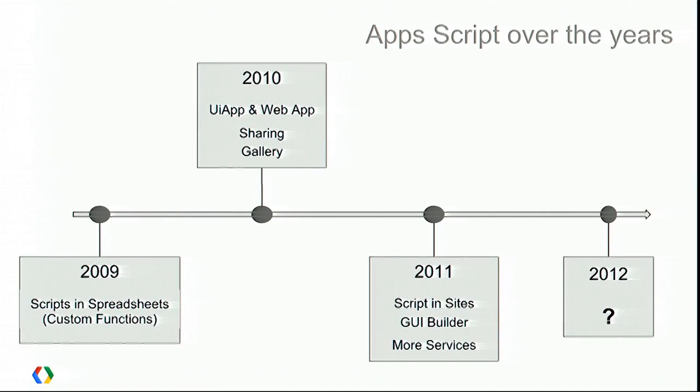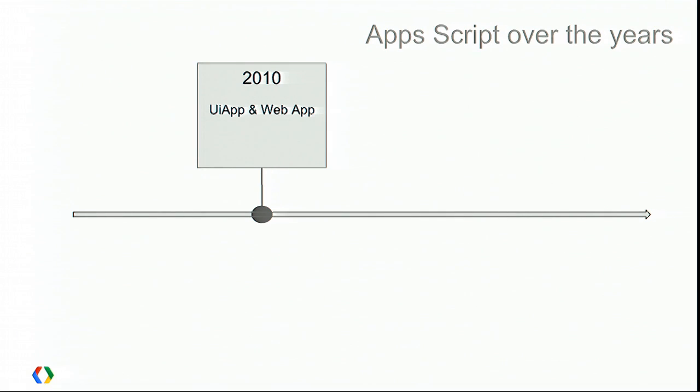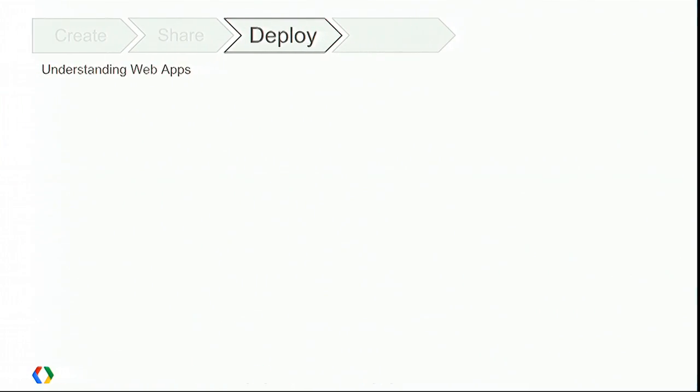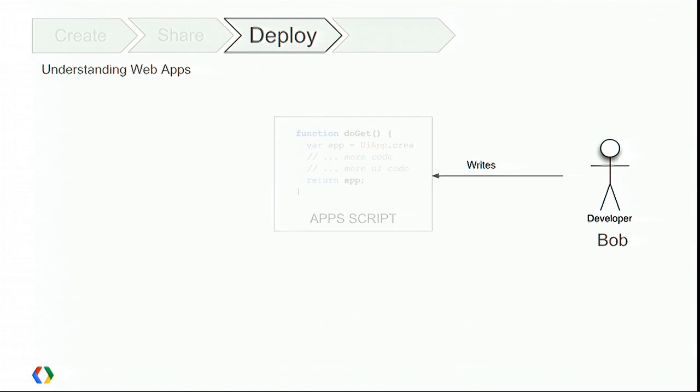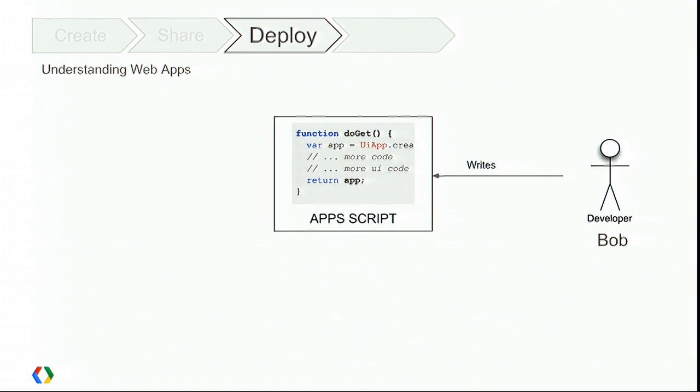Now, deploying scripts as web apps is not something that is new to AppScript. Well, we have had this for a while. And let me explain to you a little bit about how web apps used to work, or work today in AppScript. So imagine if I have a developer, and his name is Bob, and he writes an awesome web app, right?